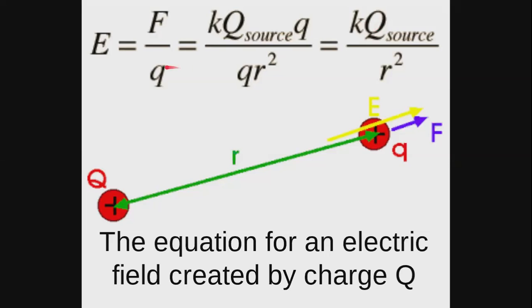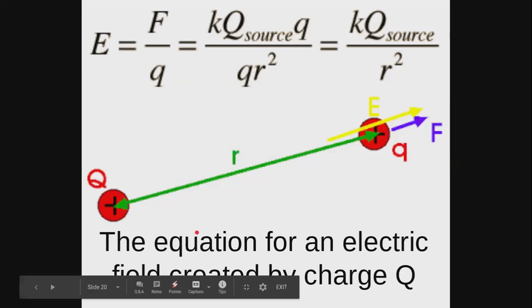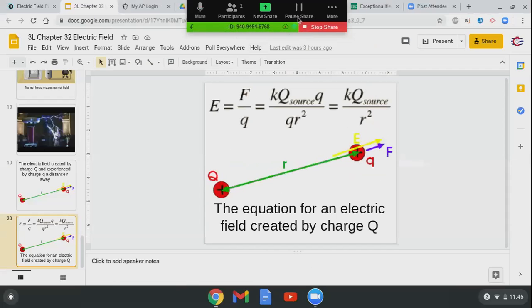You might say, well, doesn't the little q exert a force on it and create an electric field? Yes, it does. But if this is a big charge and this is a little charge, and this is a big mass and a little mass, it might not actually be pushed that much overall. So that is the basics of electric field, and you should be ready for the following assignments. And let me escape out of here and stop the video.